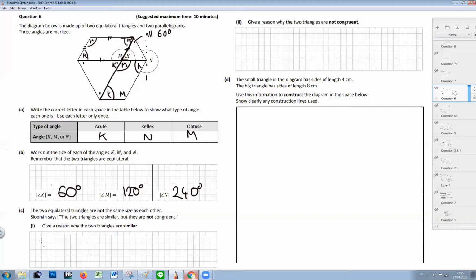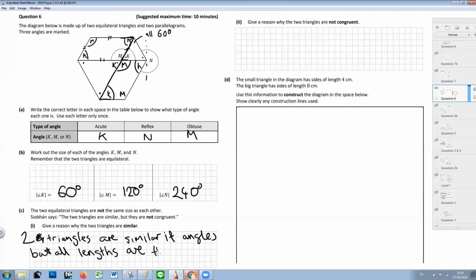So you would say two triangles are similar if all angles are the same, but not all lengths are the same. Give a reason why the two triangles are not congruent. So congruent is when all three lengths are the same.